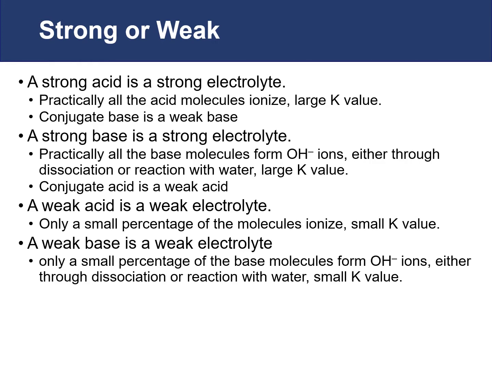So only a small percentage of the molecule will ionize. For a weak base, the exact same idea. Only a small percentage of the base molecule will form hydroxide ions, either again through dissociation or the reaction with water. These are indicated by small K values, very small equilibrium constants.